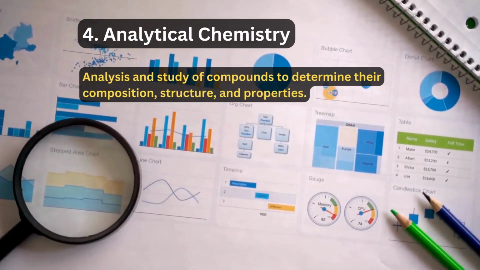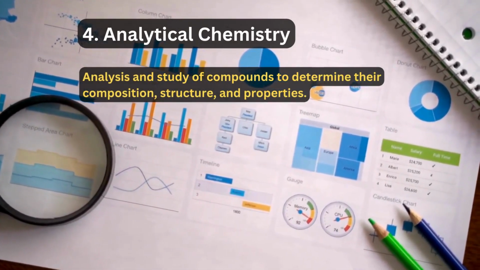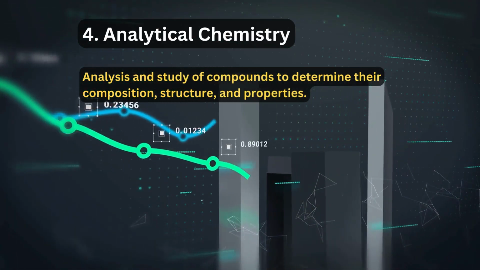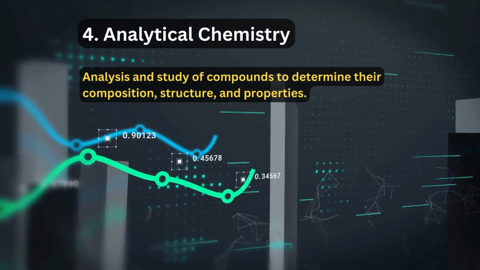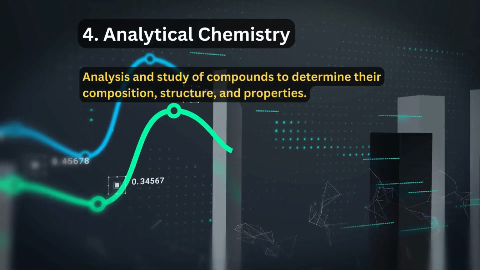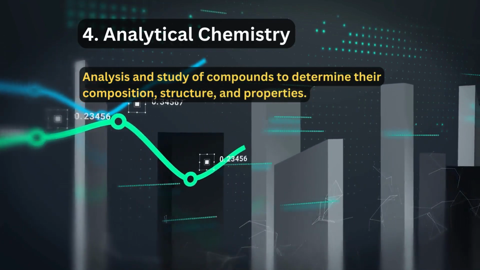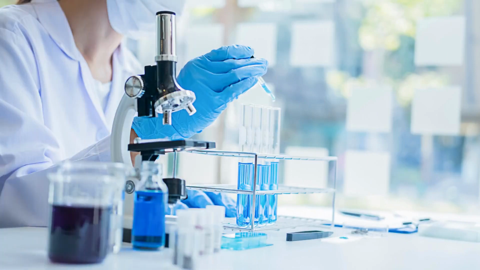So, after looking at these three branches, let's move towards the end of the video, meaning towards the fourth branch, which is analytical chemistry. See here also from the name, it's clear that analytical means related to analysis. So, the definition is, analytical chemistry is the branch of chemistry which deals with analysis and study of compounds to determine their composition, structure, and properties.